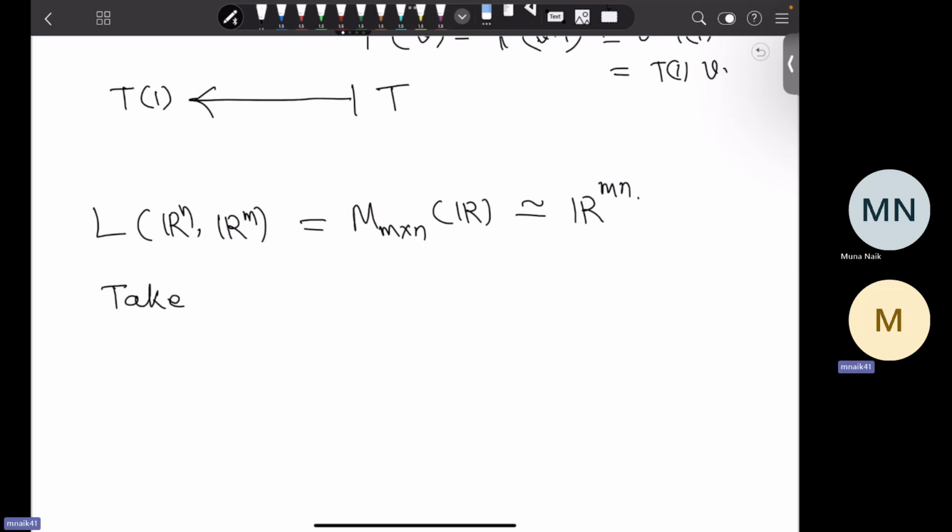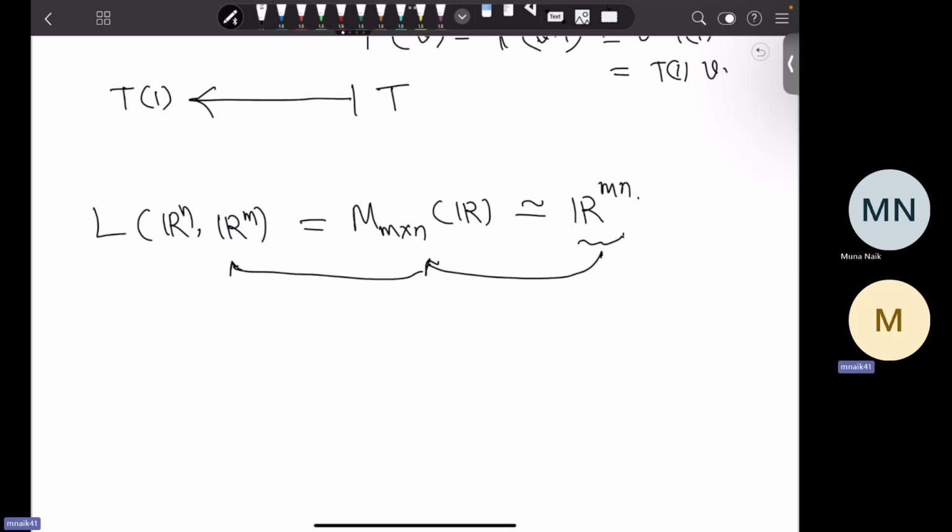We know that R^(mn) has a natural norm structure, the usual L2 norm, so we can borrow that norm structure to M(m cross n)(R). In principle, we can borrow that norm structure to L(Rn, Rm).